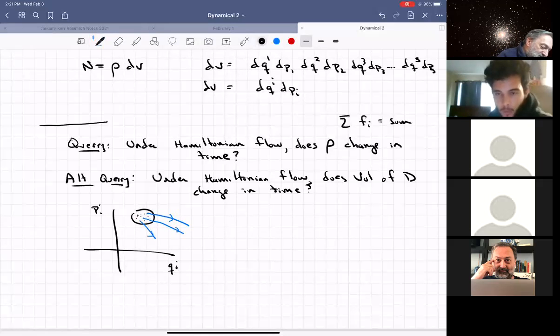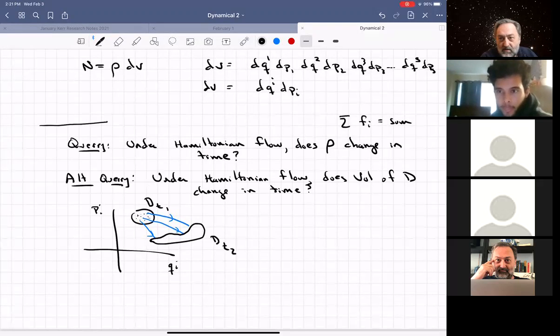After some period of time, this might be the disk at T1. This might be the disk at T2. There's nothing that says the points in the disk will maintain the outer boundary shape of the disk.